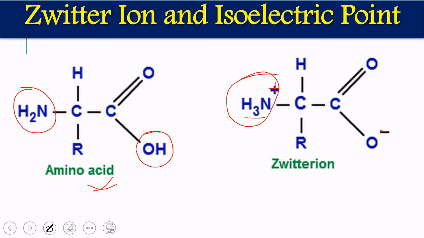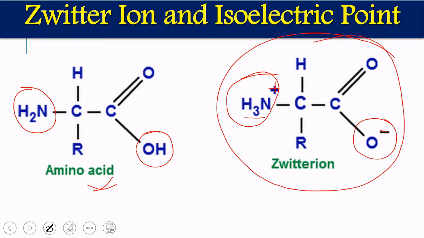Now the special thing in this case is that in the same single molecule we have one positive charge and one negative charge. So the overall charge on this molecule is 0, electrically neutral.